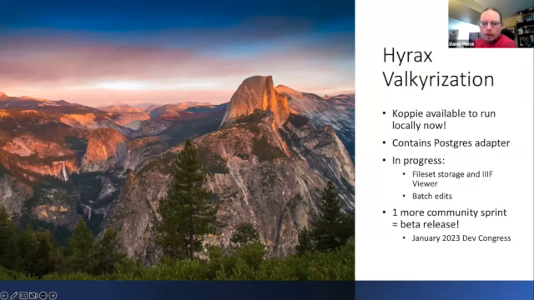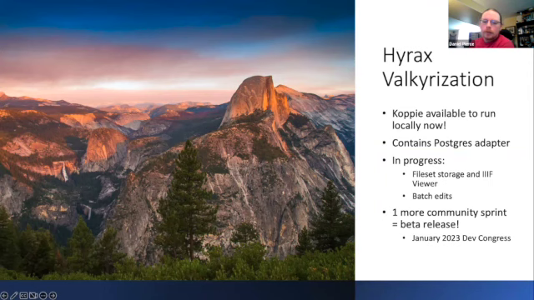Alongside that, as Julie mentioned, has been a lot of work on getting Hyrax to be fully Valkyrieized, as we like to say. She did a great job of going over who contributed to that, so big thank you to everyone who's done that. A couple highlights: for those that are familiar, there is a test application in Hyrax called Hyrax Engine Dummy that allows you to spin up the stack locally in a Docker container very easily.